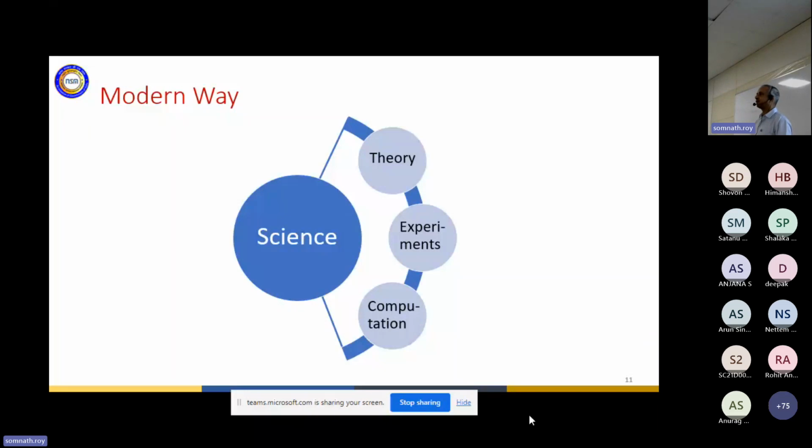You can think of simulations, you can model something, and then you can use computers to do it.